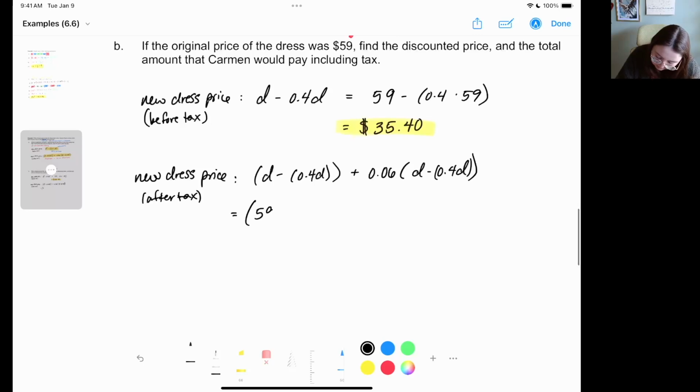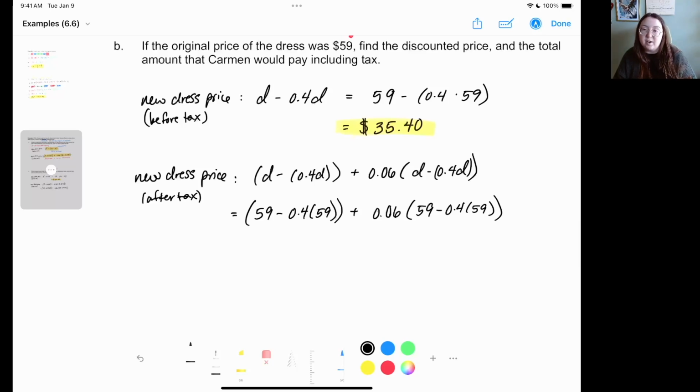So we'll have 59 minus 0.4 times 59 plus 0.06 times 59 minus 0.4 times 59. Now we do know what the value of 59 minus 0.4 times 59 is, so you can input that. You can make it a little easier on yourself. 35.40 plus 0.06 times 35.40.